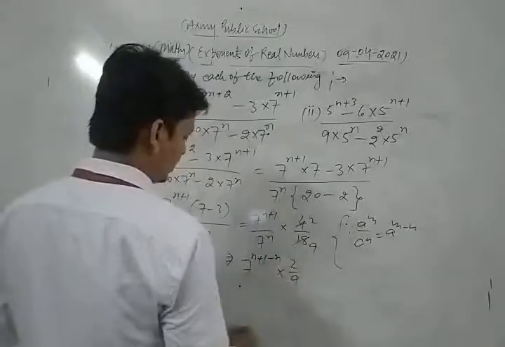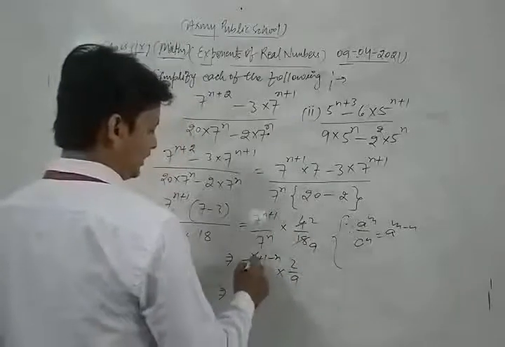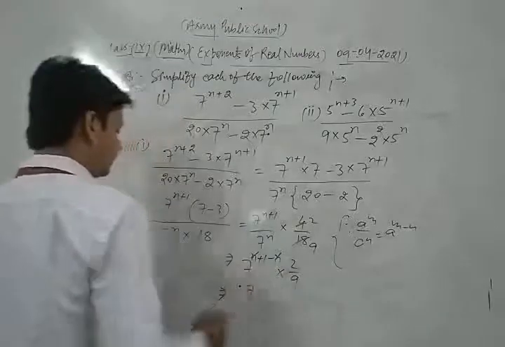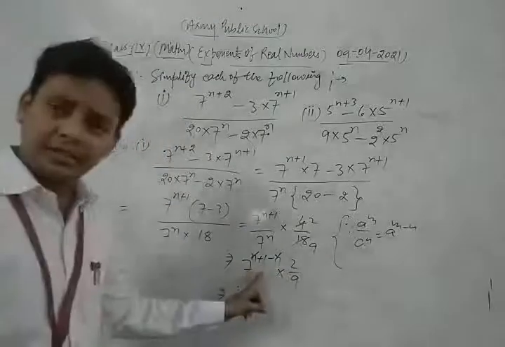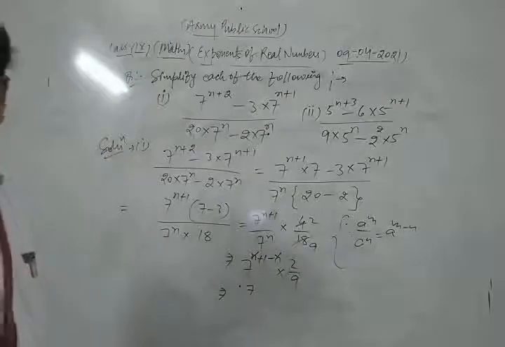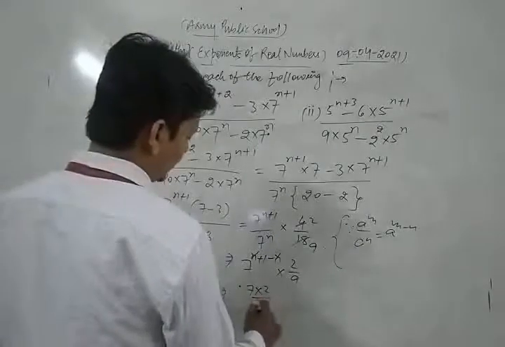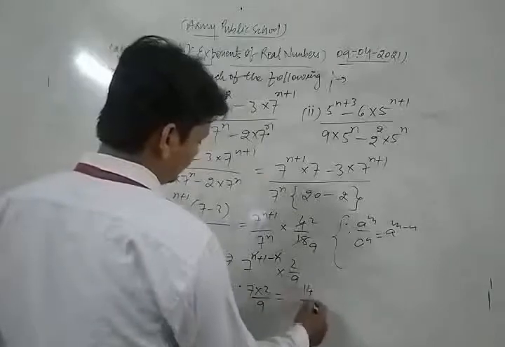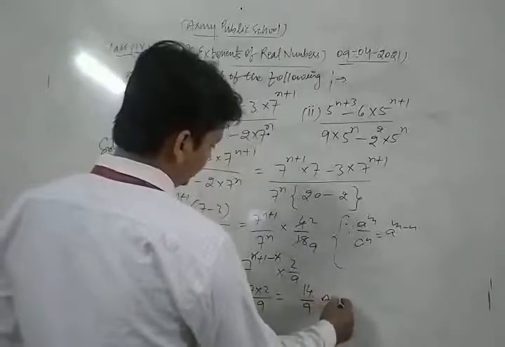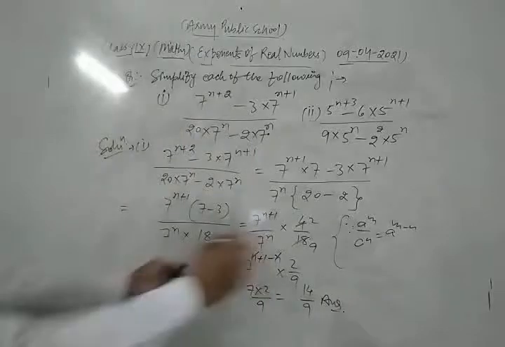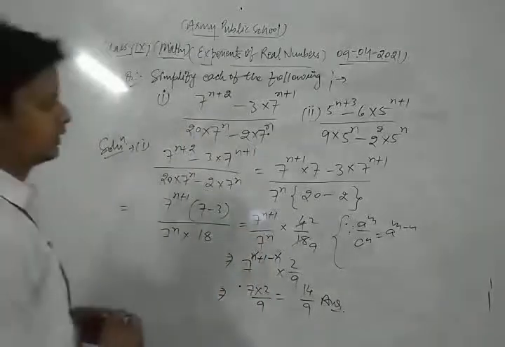The n cancels and 1 is left, so 7 to the power 1, write 7 only, into 2 upon 9, that is 14 upon 9. This is the required solution of the given equation.